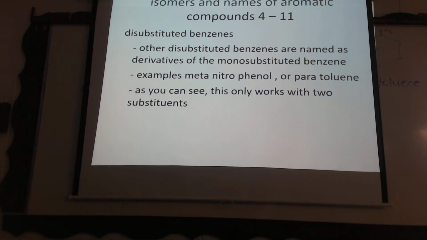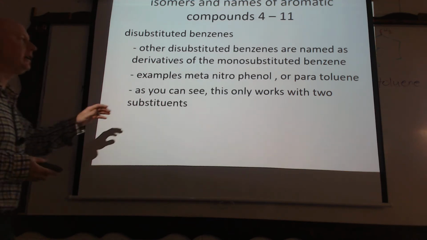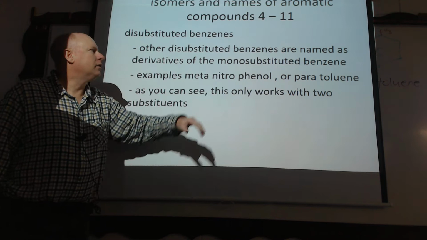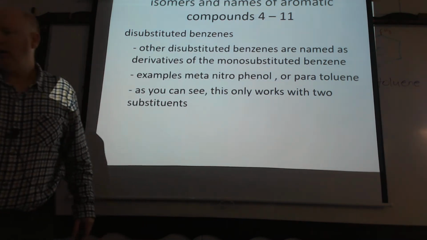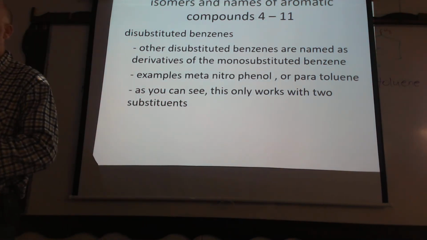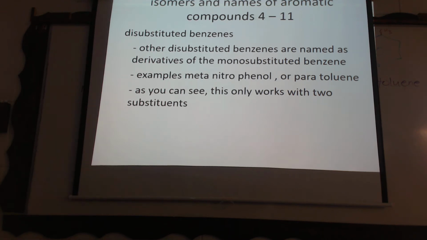Once you start putting 3 or 4, this type of designation, these ortho, meta and para abbreviations, just does not work. It only works if there's 2 on there. And it still works if it's a monosubstituted ring, like chlorobenzene, or we saw nitrobenzene as well. Those can be disubstituted rings as well. And I think that's where we wanted to stop with that.